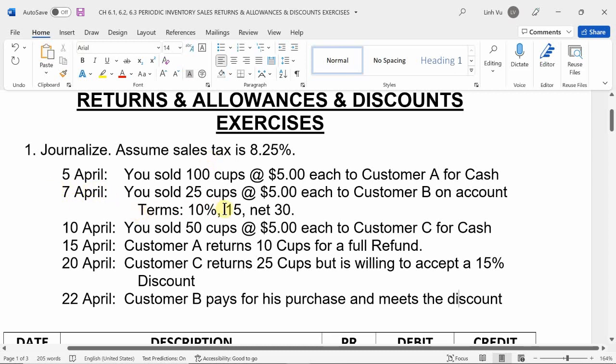The discount due date is going to be within 15 days. Now, what date is it going to be 15 days after the 7th of April? The 22nd. He just barely made the discount period. So in this case, how much of a discount are we going to be giving to customer B?